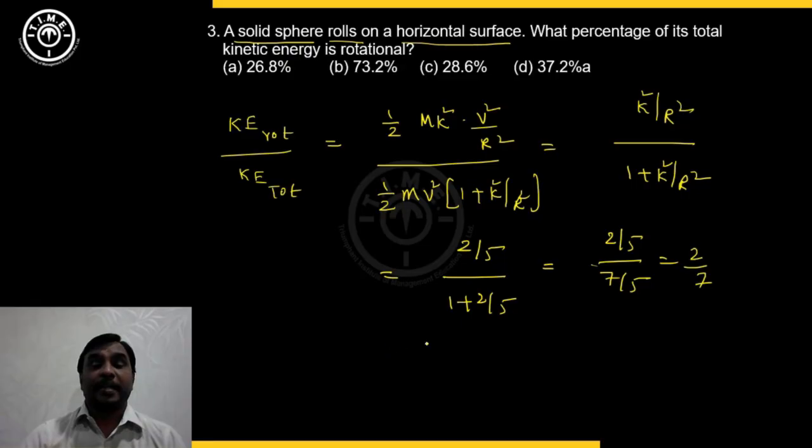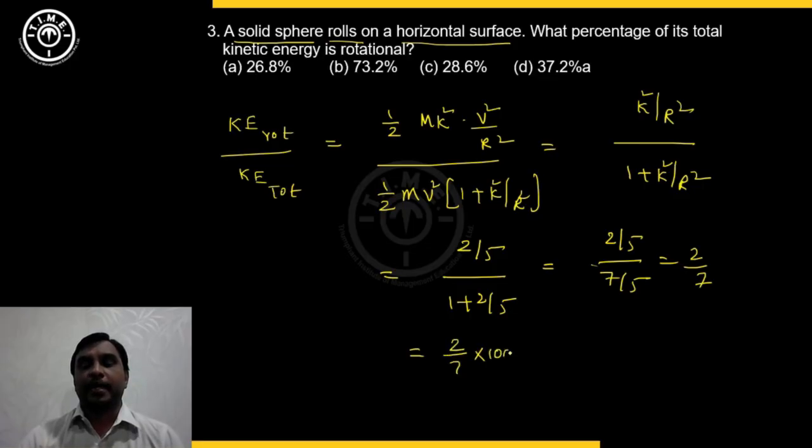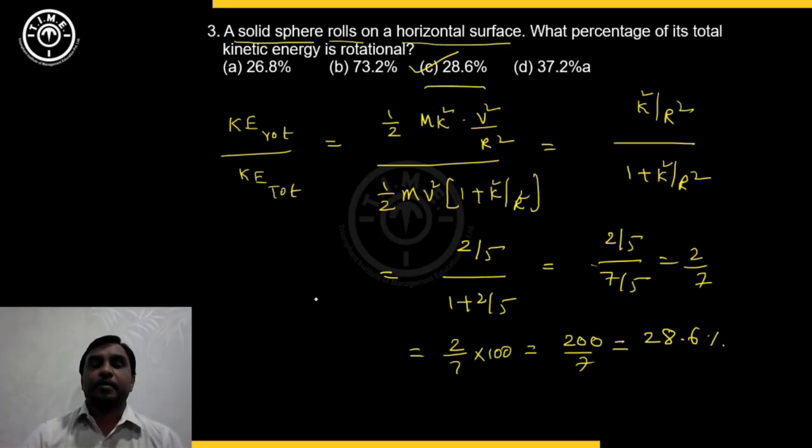He asked for the percentage, so 2 by 7 into 100 gives you 200 by 7. 7 twos are 14, left with 6, so 60; 7 8s are 56, giving 28.6 percent. So option C is correct.